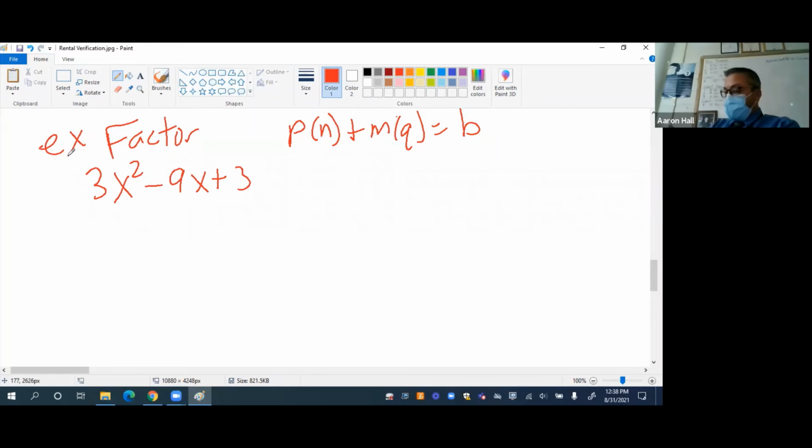Anybody have it? Is it factorable? You don't think so?